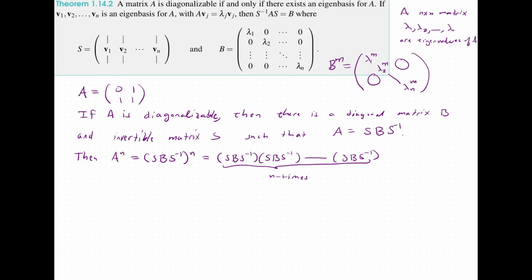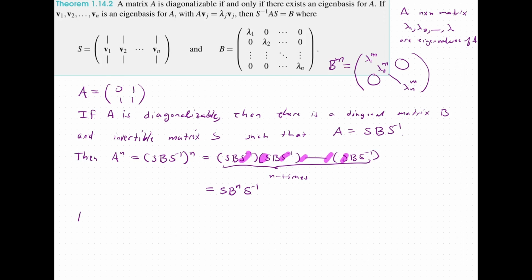We will have cancellation, because S inverse and that S will cancel. And so what we end up getting is that if we look at the matrix multiplication B S inverse SB, that's just going to become B squared. Then the S inverse over here is going to cancel with the one on this side, and that S will cancel with an S inverse to its left. And what we end up getting in the end is S times B to the n, S inverse.